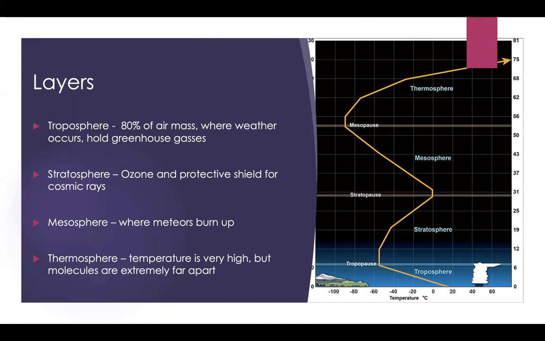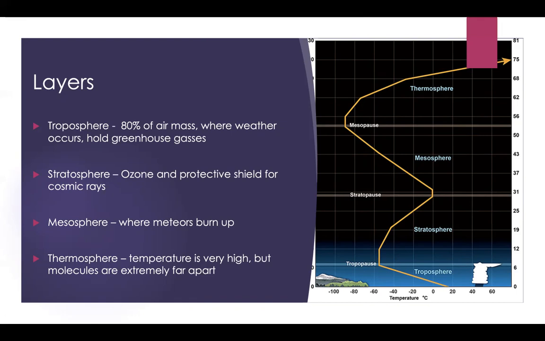And then at the stratopause, you get this pretty quick decrease in temperature in the mesosphere, and the mesosphere is where meteors burn up. And then after the mesopause, there's the thermosphere.